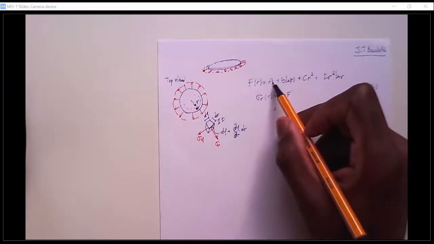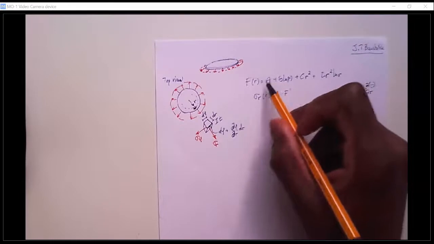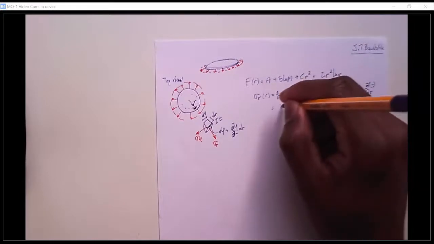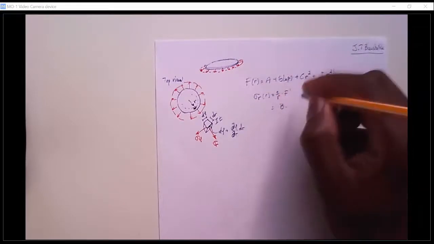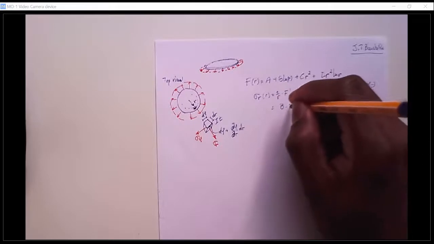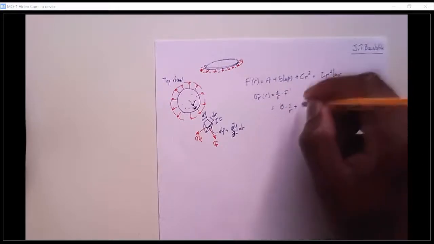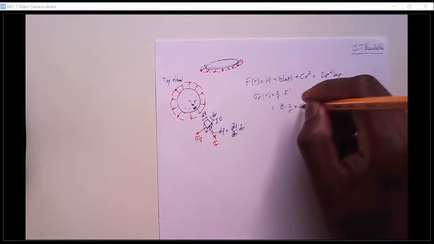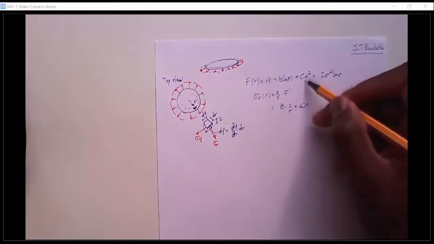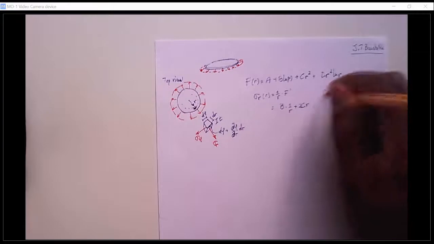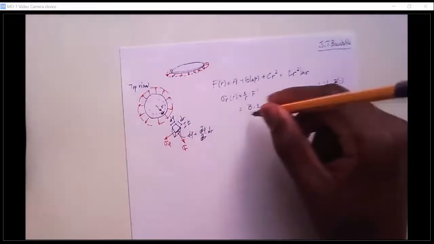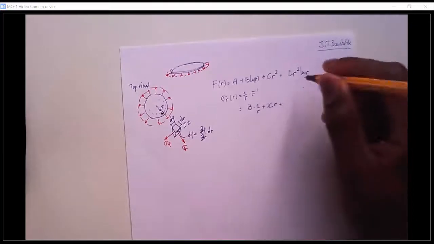A will be 0. This term will be 0. B times the derivative of ln r is 1 divided by r. So C times 2r, that's the derivative of r squared with respect to r, plus, like I said, G needs to be 0, but I'm going to show here why G needs to be 0.